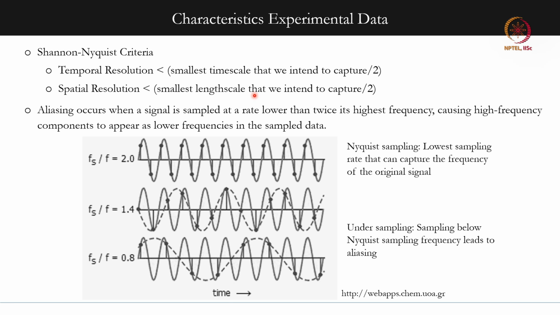So we should have a general idea about the expected lowest length scale and time scale of the fluid flow that we want to capture, and then accordingly set the temporal and spatial resolutions, or basically the frame rates and the pixel resolution.